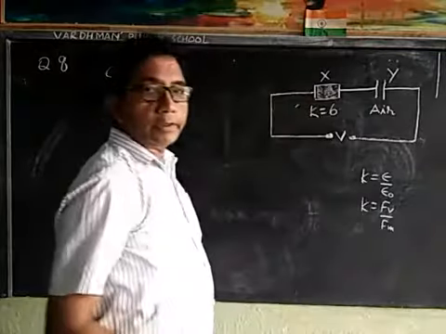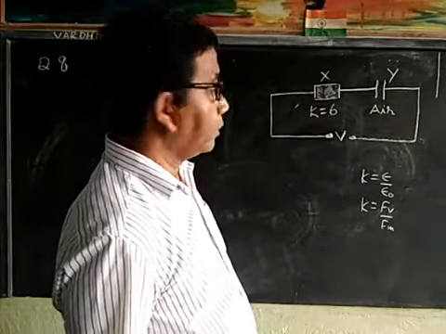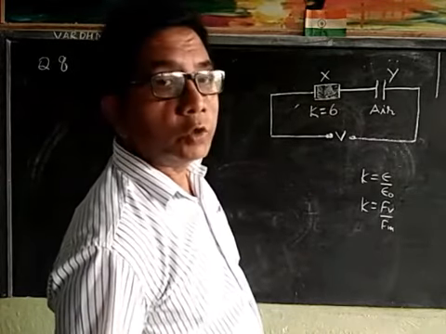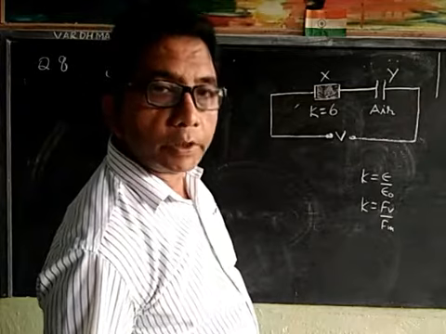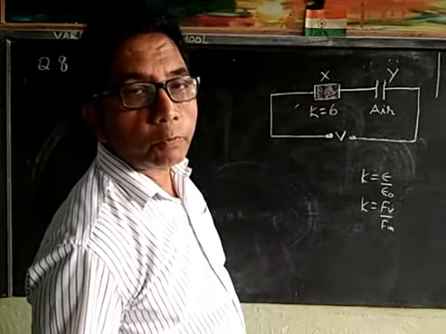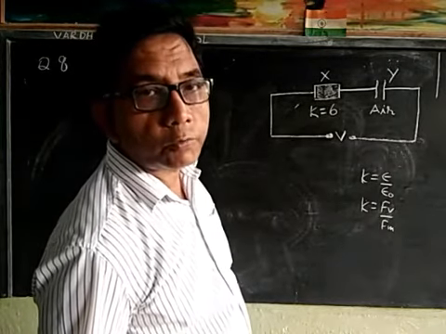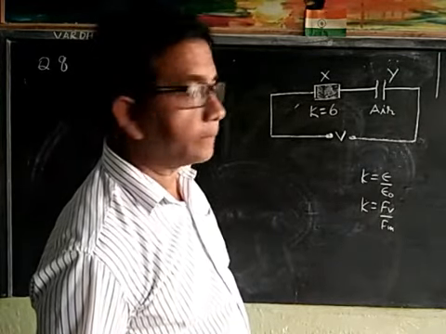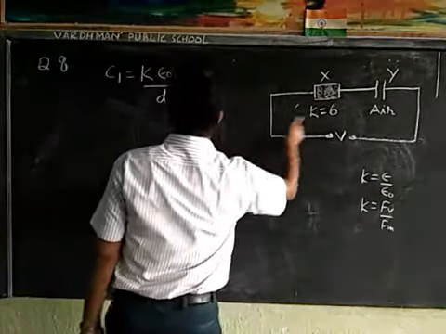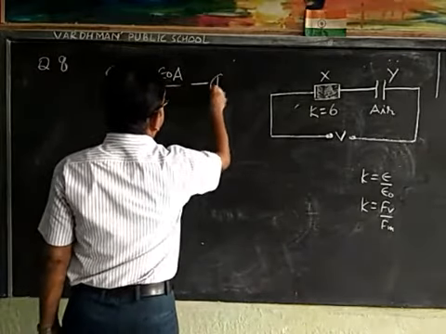The dielectric constant is the ratio of the permittivity of a medium to the permittivity of free space. Another definition is the ratio of the force between two charges placed in vacuum to the force between two charges placed in a medium. With dielectric constant K, the capacitance of the capacitor becomes K epsilon 0 A upon D.